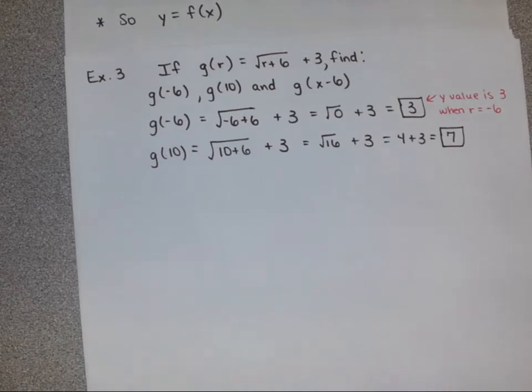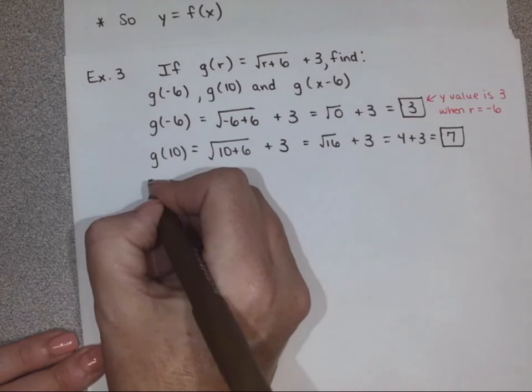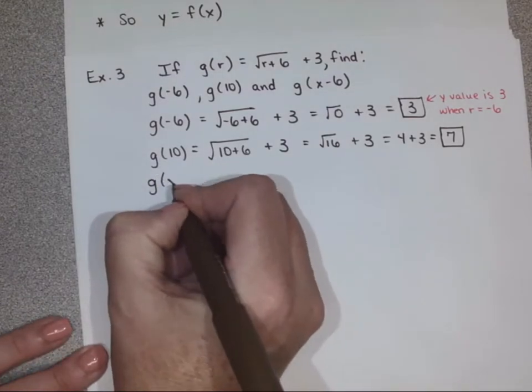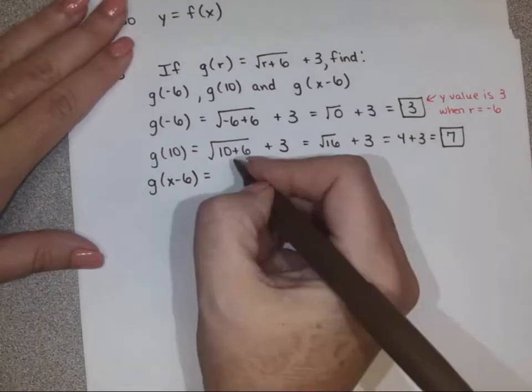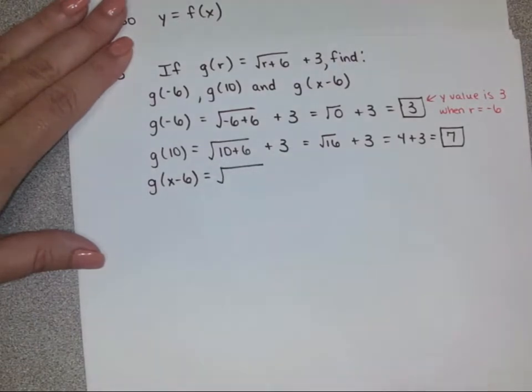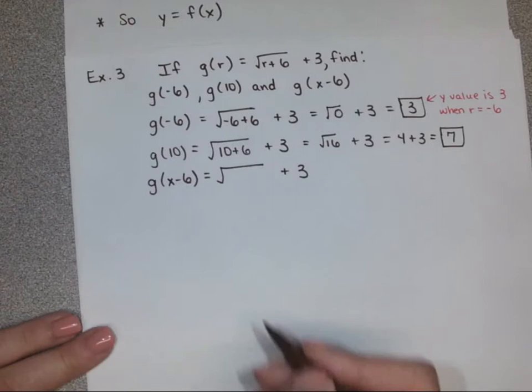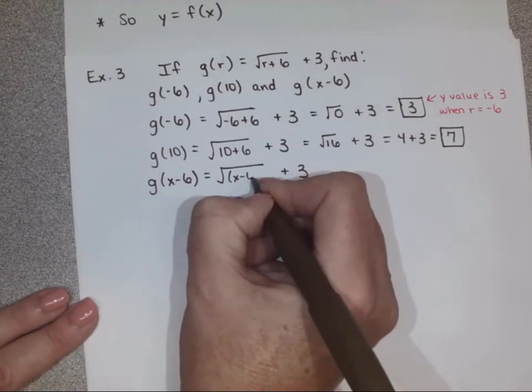But same difference, okay? So it really doesn't matter what shows up in the parentheses. Whatever's in the parentheses, whether that be a number or whether in this case it's an expression involving a variable, what are we going to do with that whole x minus 6 thing then? We're going to plug it in, right? So instead of square root of something plus 3 or square root of r plus 6, we're going to insert the x minus 6 in for r.